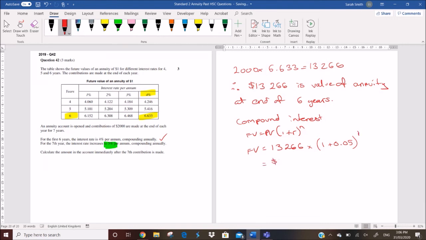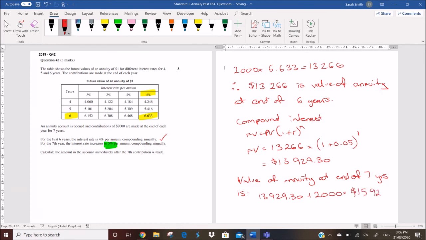So that will give us $13,929.30. So our future value, the value of our annuity, plus our final repayment. Because remember with annuities, the payment always comes at the end. So at the end of that 7th year, they will deposit another $2,000 into the account, bringing the total in the account to $15,929.30.